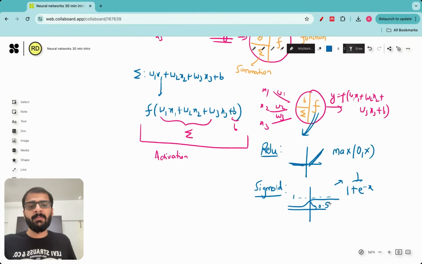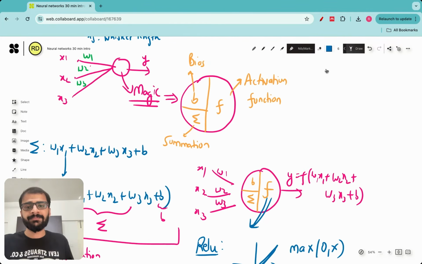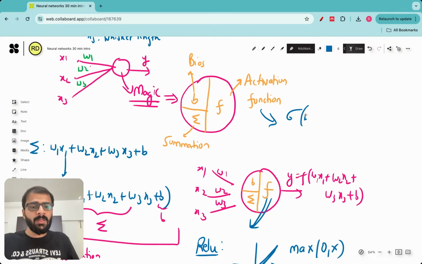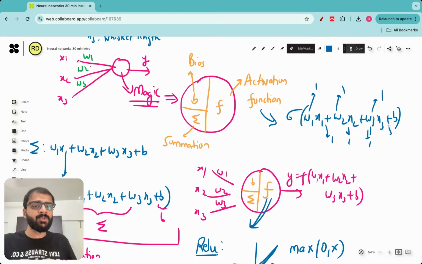So if we use the sigmoid activation function, then the output of this neuron will become sigma of w1 x1 plus w2 x2 plus w3 x3 plus b. Let's take some random values. Let's say w1, w2, w3 are 1, x1, x2, x3 are 1, and b is equal to 0.